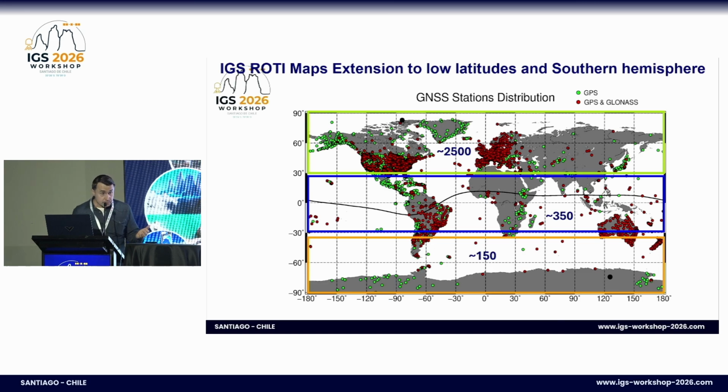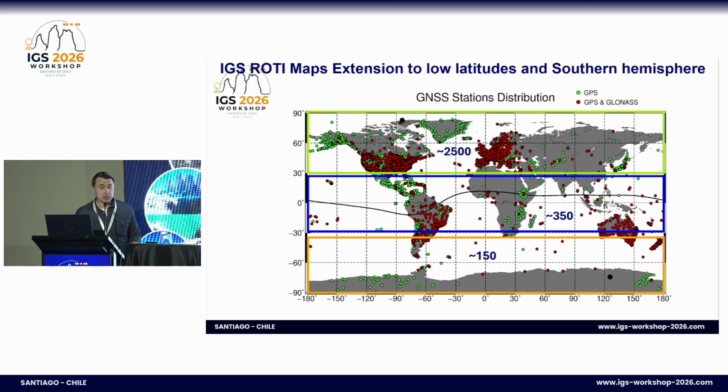And for better monitoring and better representing of ionospheric irregularity occurrence, we need to extend this product at least to the opposite hemisphere, the southern hemisphere, and also we want to cover a pretty interesting region where another type of irregularities develop, the low latitude and equatorial region.